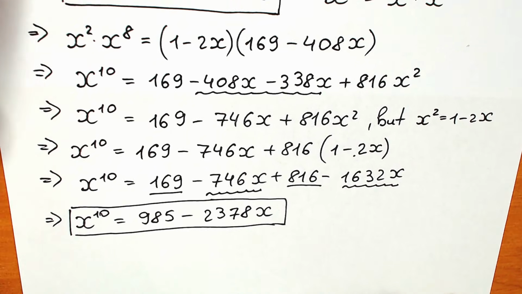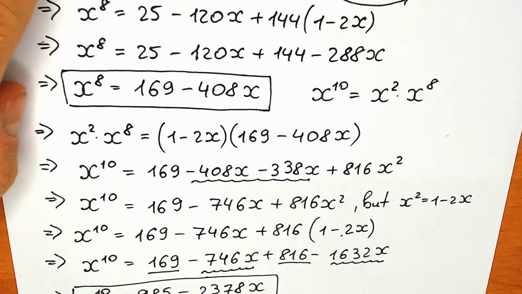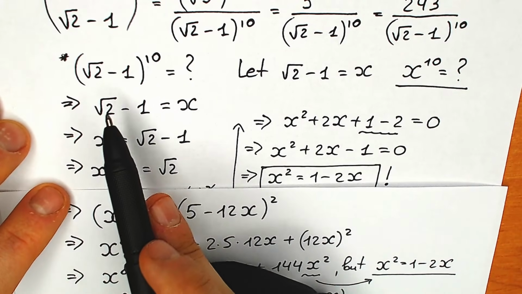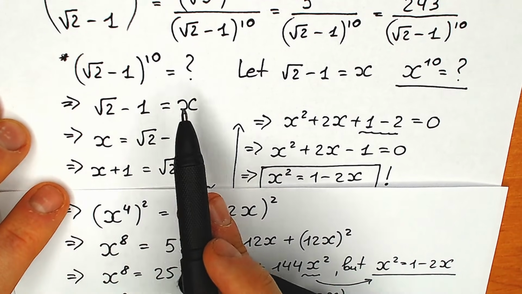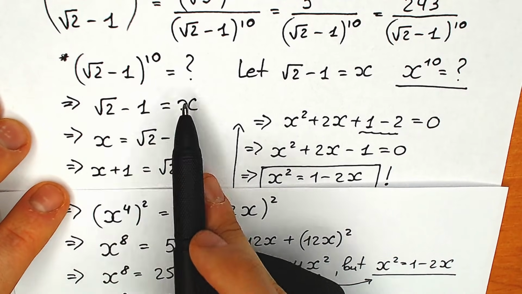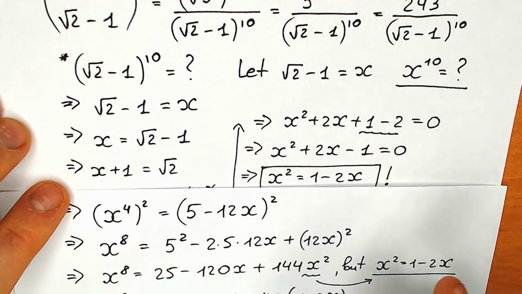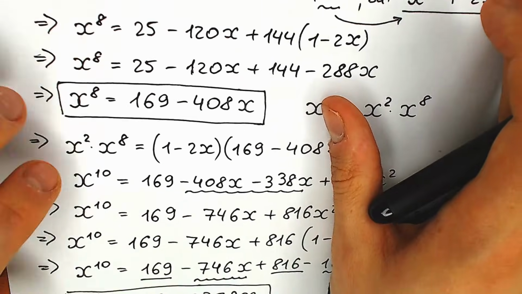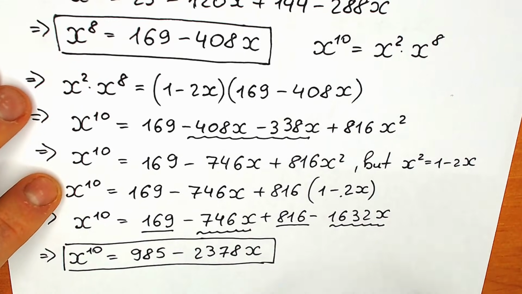Right now, the last thing, because in the beginning we had a really important substitution. Where do we have it? We have it exactly right here: x equal to square root of 2 minus 1. This is the key expression for us. So right now let's remember it, and let's go to the end.